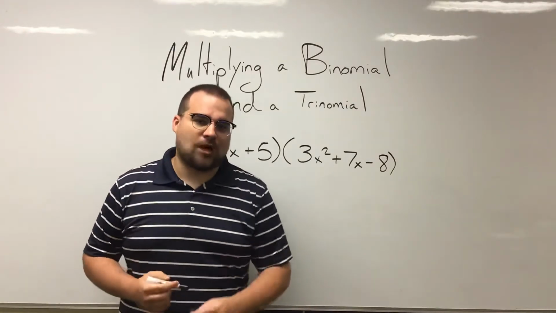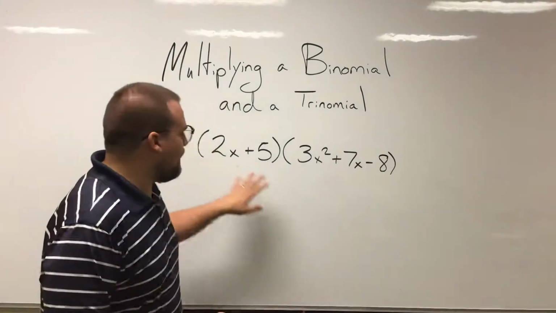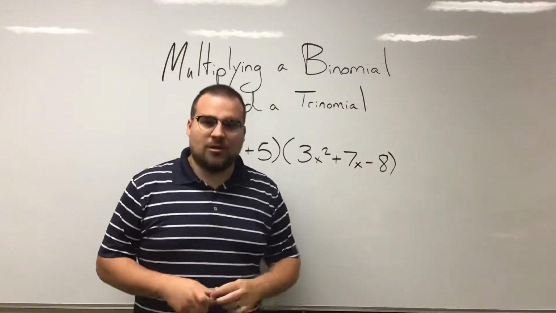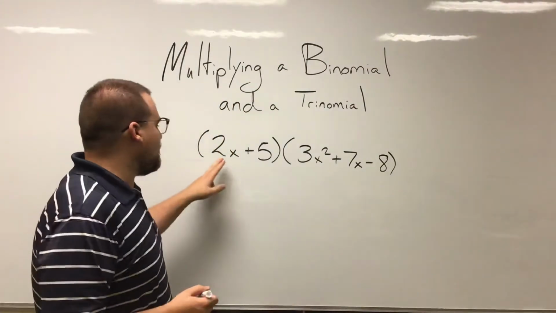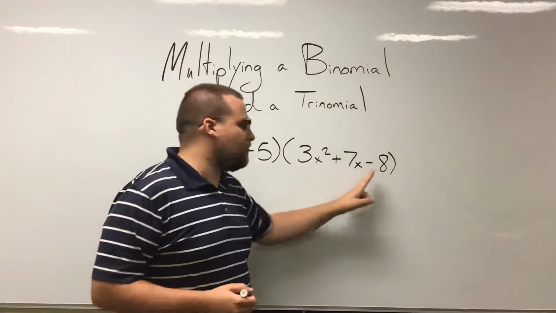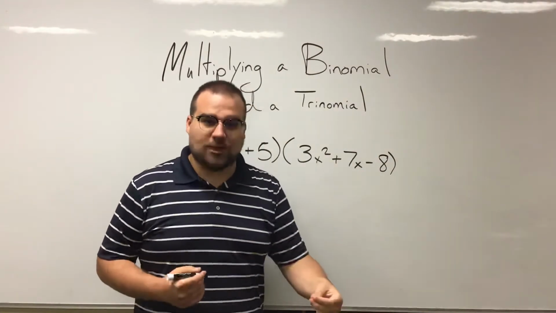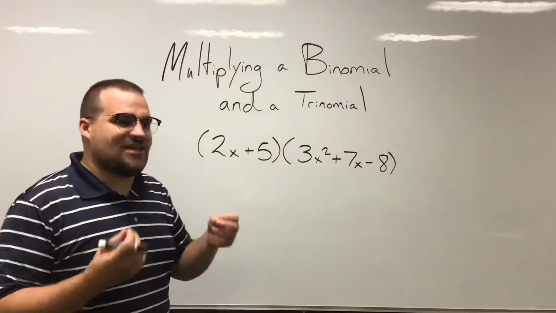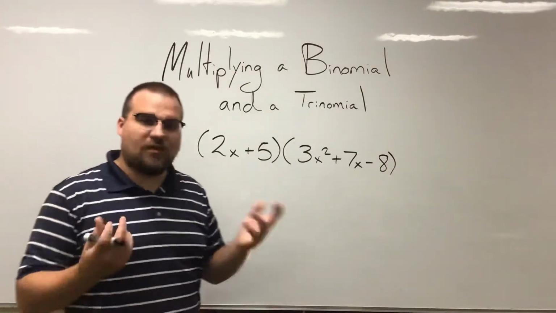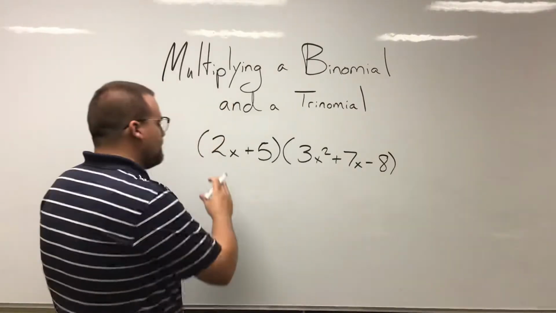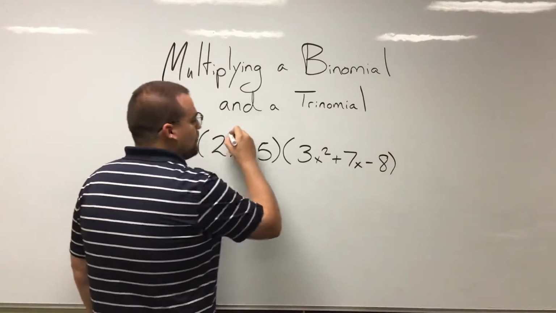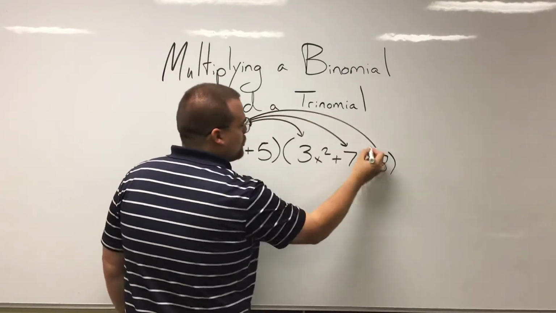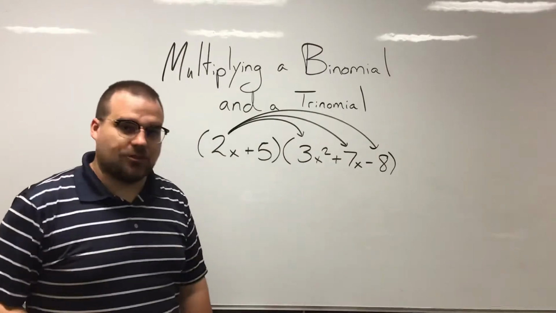The distributive property says that if we have multiple terms multiplying, well, anything, then as long as we multiply each term by every other term in what it's multiplying, we're good. So what we're ultimately going to have here is 6 instances of multiplication. We need to take this 2x and multiply it by all 3 terms, or distribute it into all 3 terms.